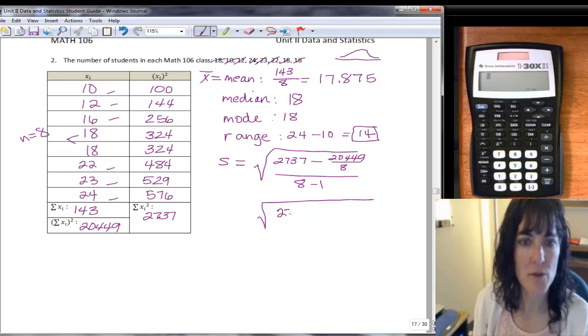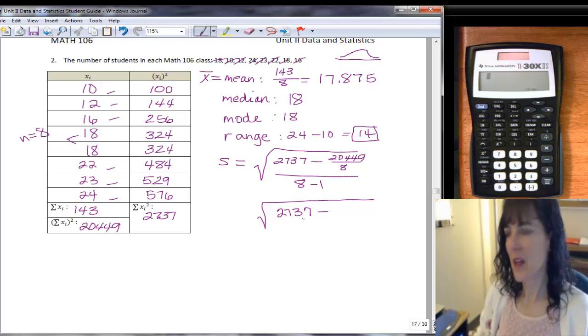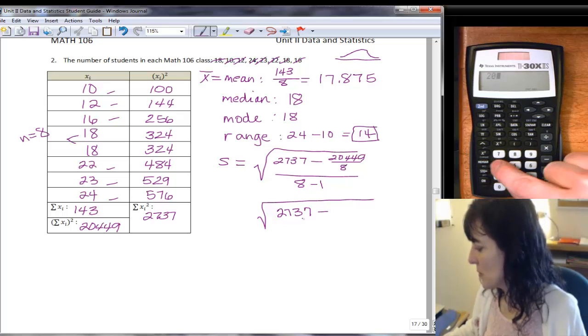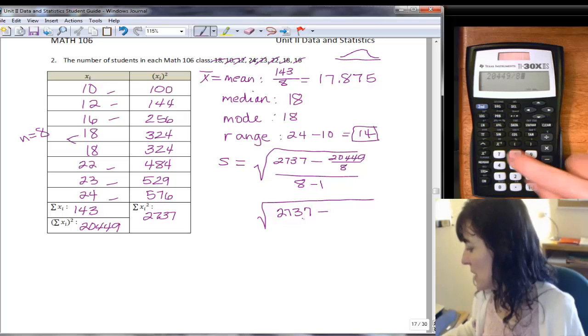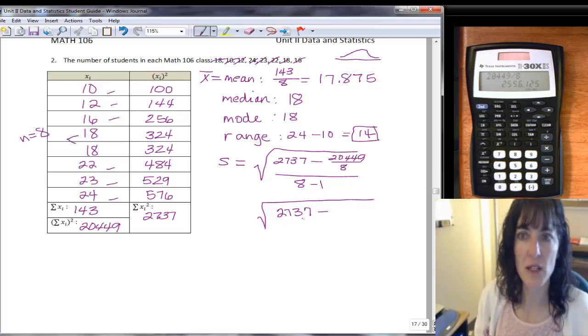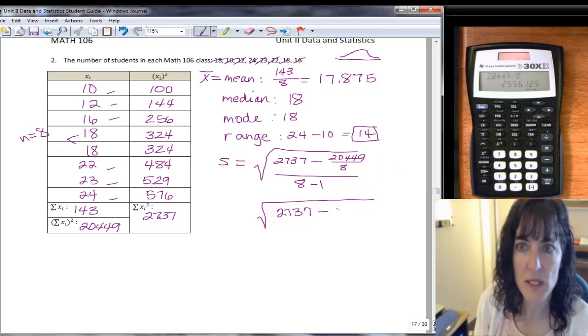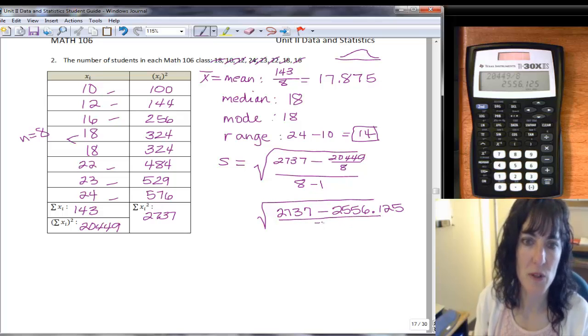So we'll start off with that little divide, and we have the 20449 divided by 8 equals, and so we get the 2556.125 divided by 8 minus 1, or 7.